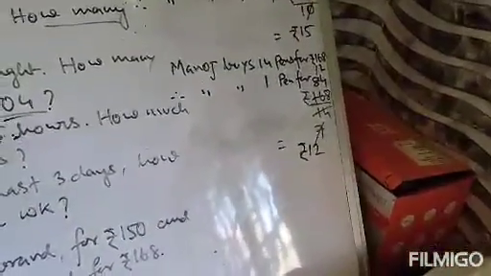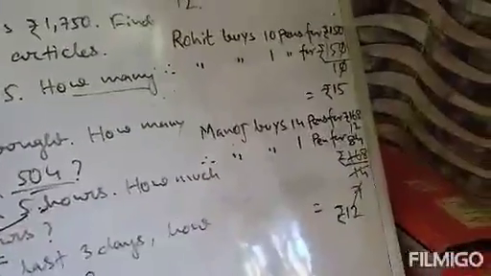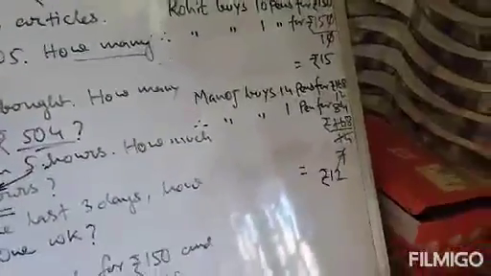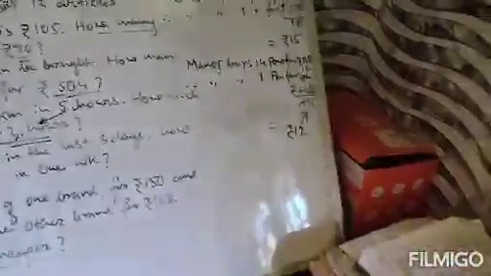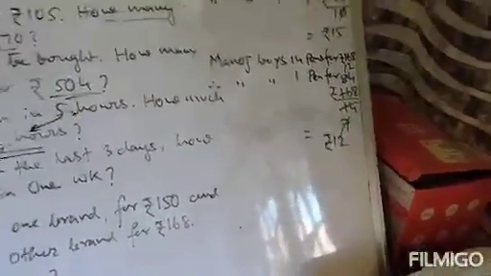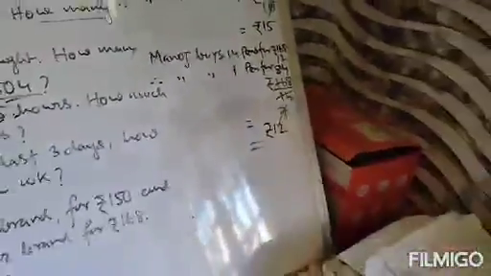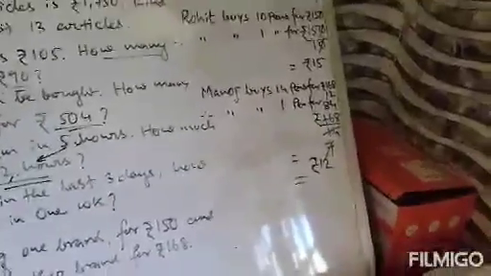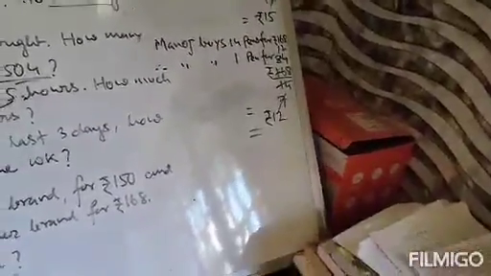Now see, Manoj buys 1 pen for rupees 12 and Rohit buys 1 pen for rupees 15. That means Manoj bought the pens cheaper, because Manoj buys 1 pen for rupees 12. So he bought the pens cheaper.